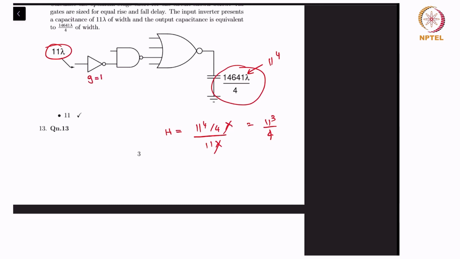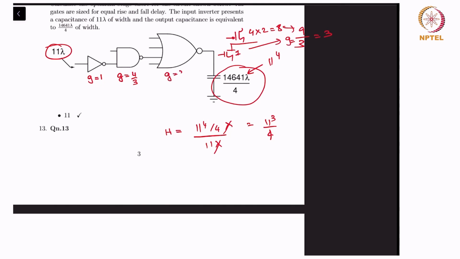So this G is 1. This G is 4 by 3. And for a NOR 4 gate, we have a PMOS stack of size 4, so it's 4 times 2, that's 8. 2 is the reference size, and the NMOS has stack size 1, so 8 plus 1 is 9, and we get 9 by 3 as the logical effort, which is 3, right?